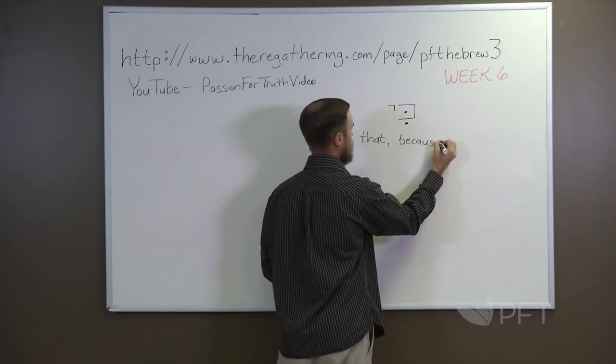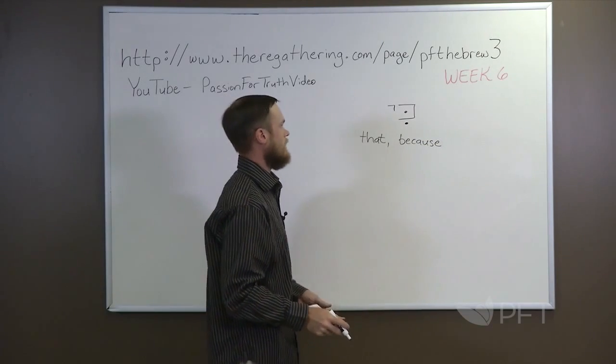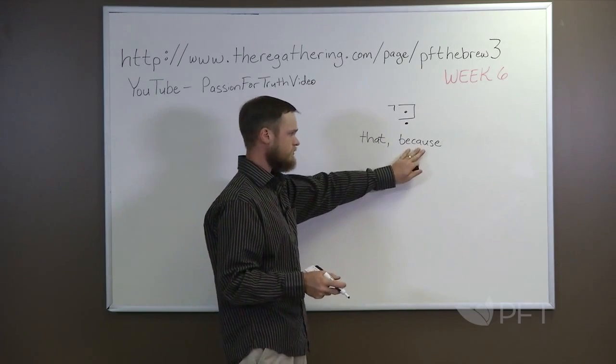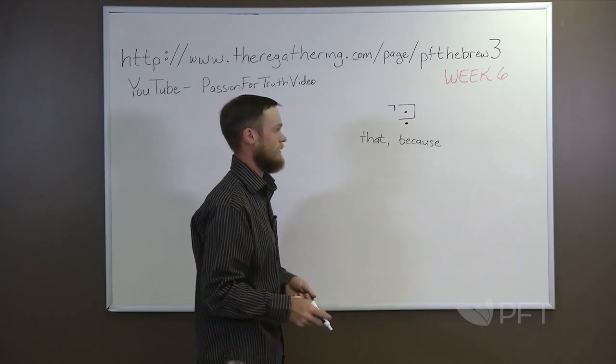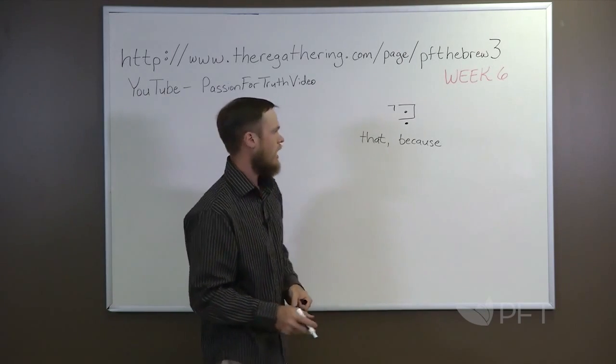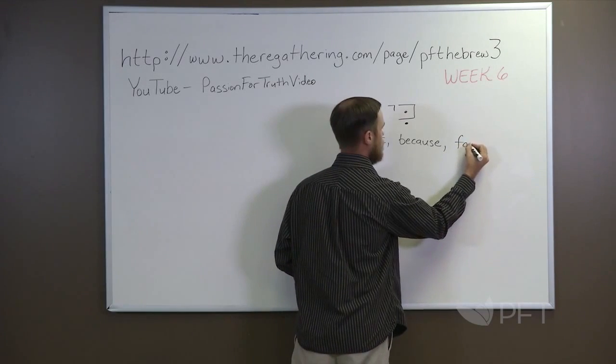Ki always connects words in a causative fashion. But because is not always a good translation of ki, because ki works a little differently than the English because. Kind of show you what I'm talking about.